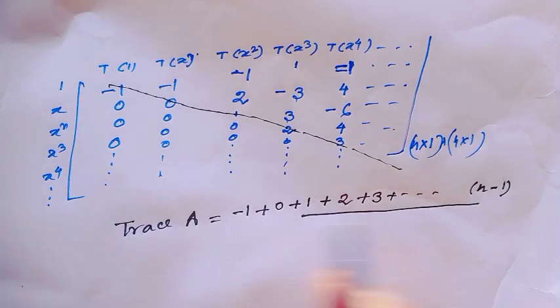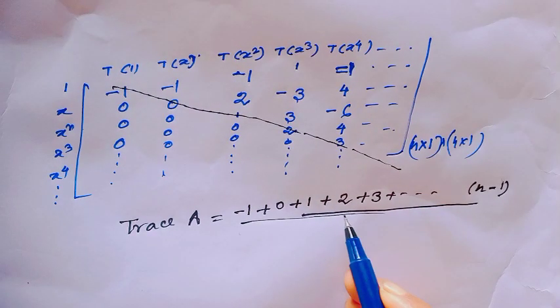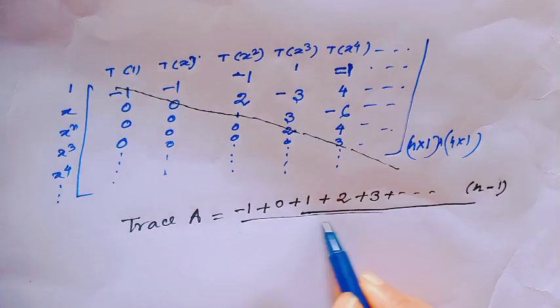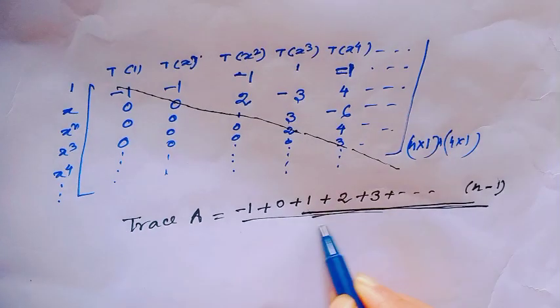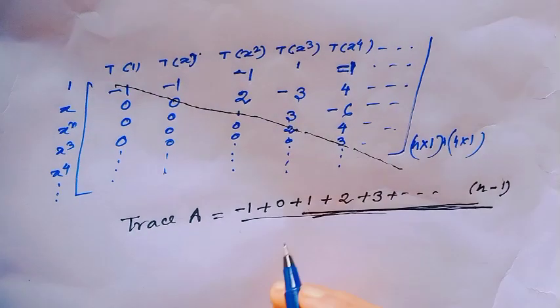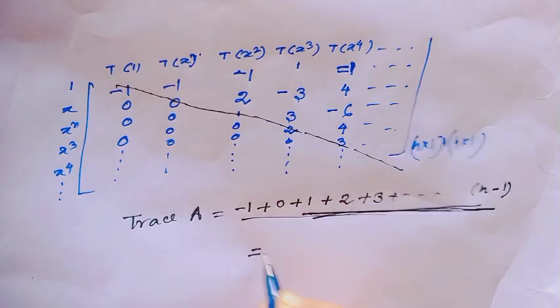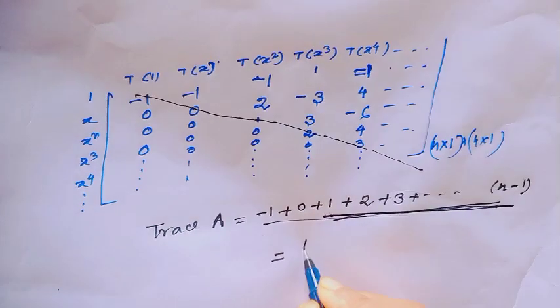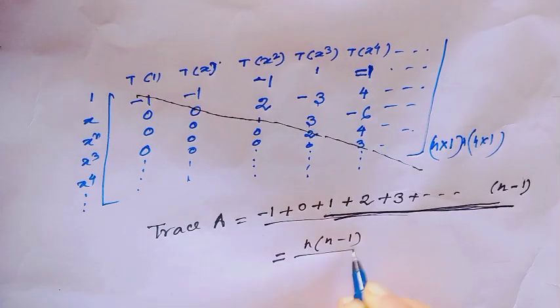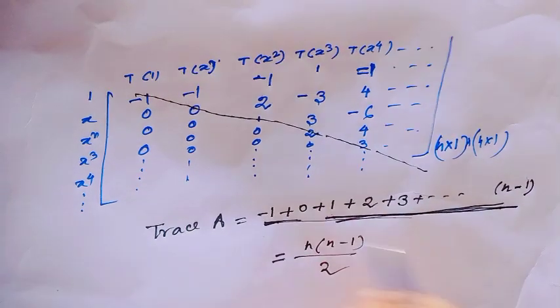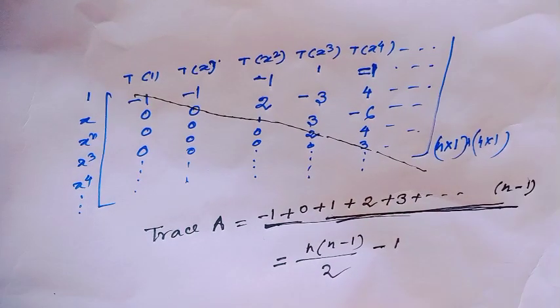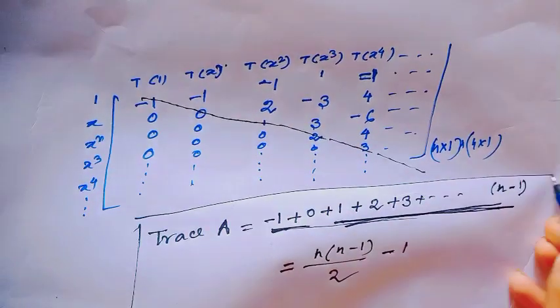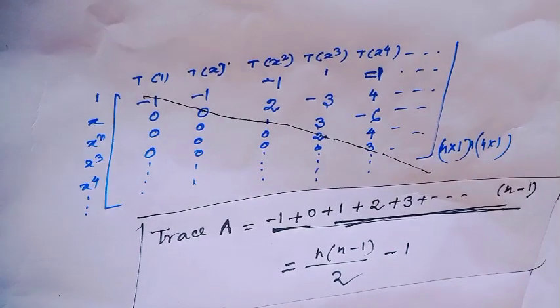Obviously trace means this sum, and notice for this, 1 plus 2 plus 3 up to n minus 1, at first evaluate this sum. This would be n into n minus 1 over 2, and then minus 1. That means this is the actual value of the trace.